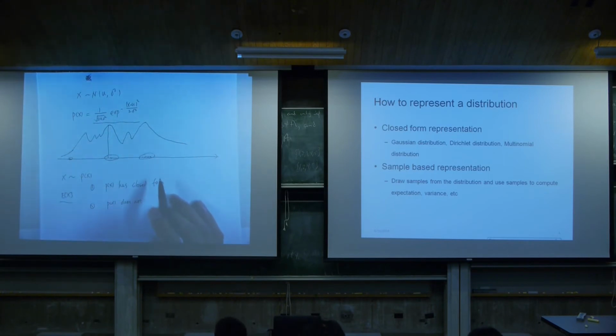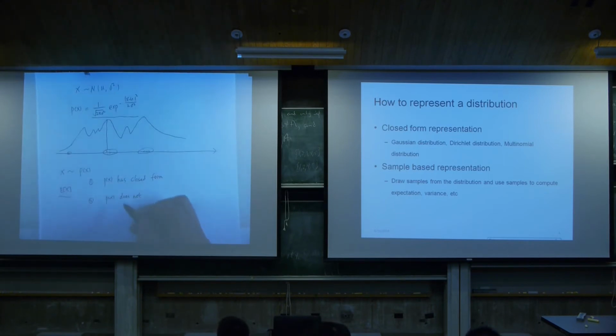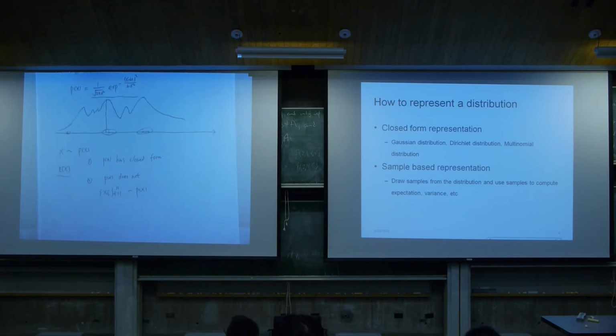So instead, what do we do? We draw n samples from this distribution p(x). N can be large. So given these samples, how do we compute the expectation? The expectation can be approximated by the sample mean, the sum over x_i.